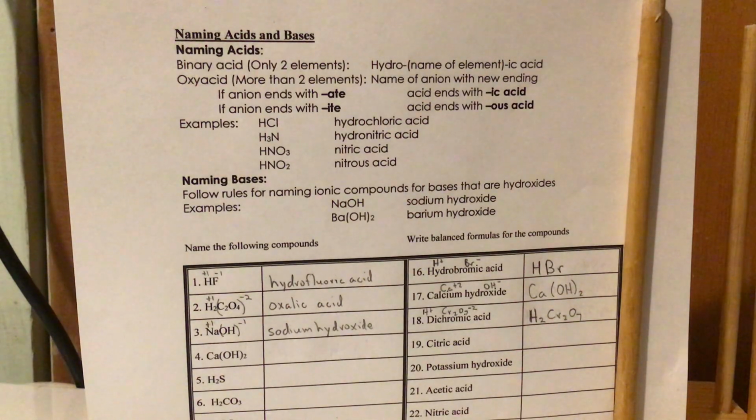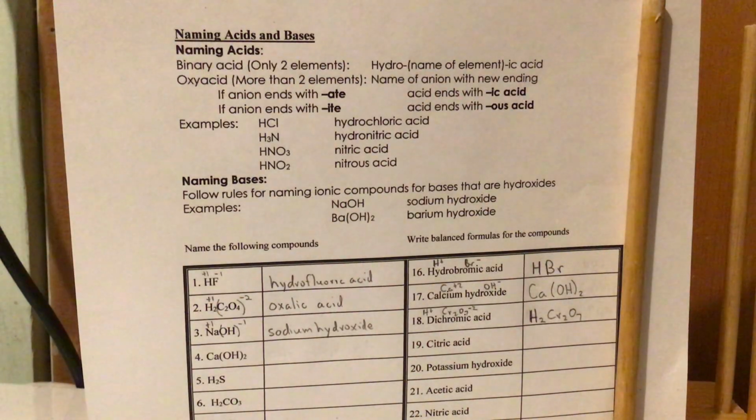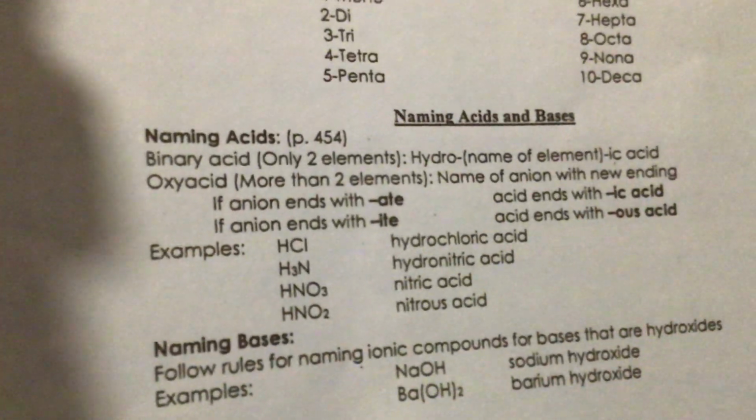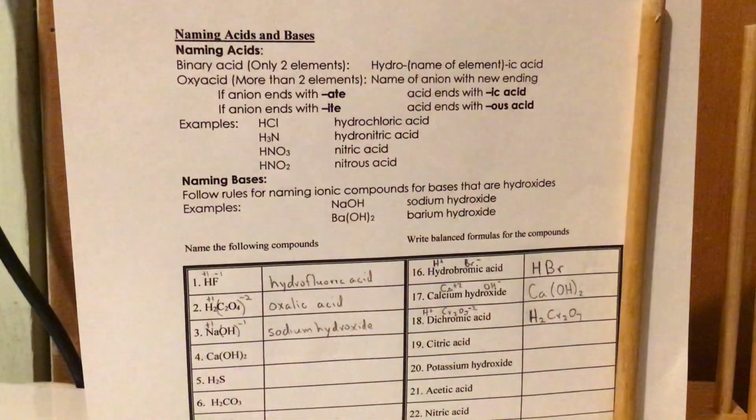That's the trend you'll see on the chart. So those are the rules for naming acids. On your common ion chart, you have these rules here. They're also listed on your naming rules on the back of your common ion chart. So you have a one-stop shop for finding those things.